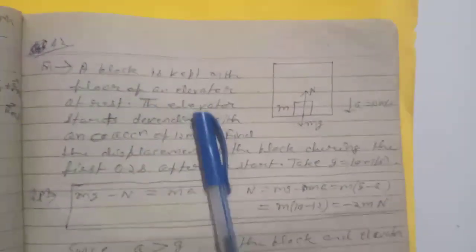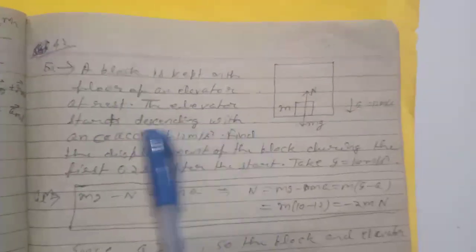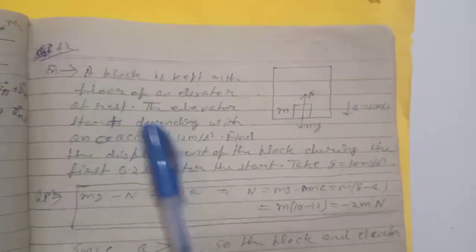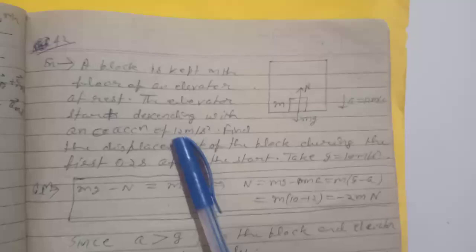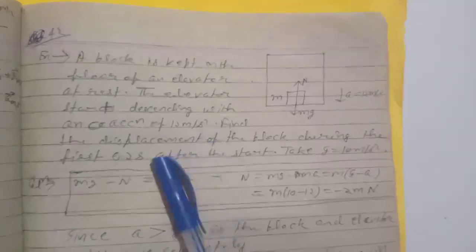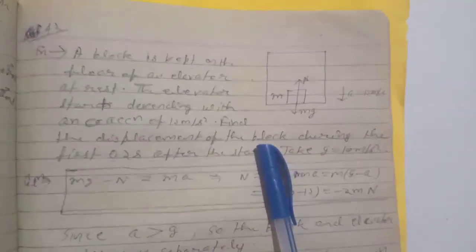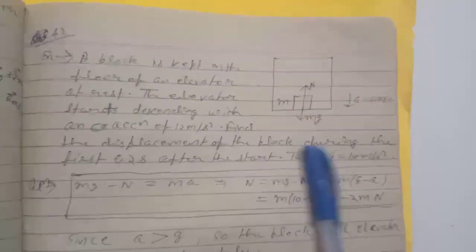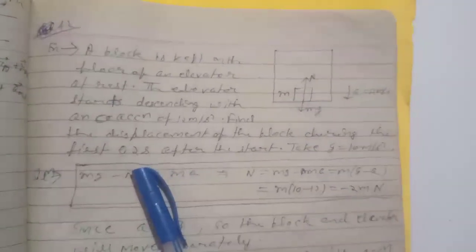Next, a block is kept on the floor of an elevator at rest. The elevator starts descending with an acceleration of 12 meters per second square. Find the distance of the block during the first 2 seconds after the start. Take g equal to 10 meters per second square.